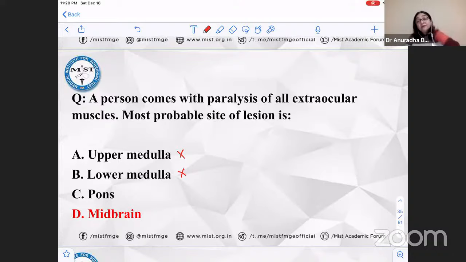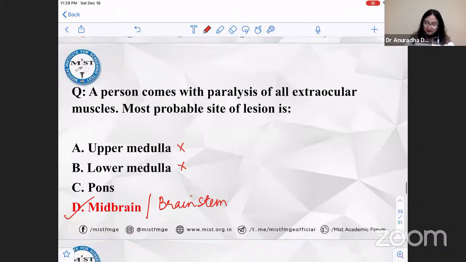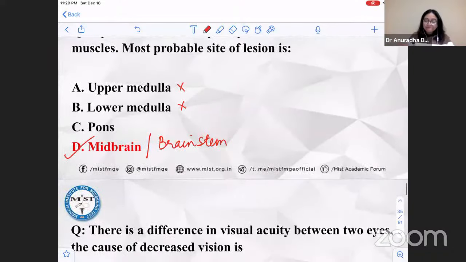Pons, because the sixth nerve is there, but here they are describing paralysis of all extraocular muscles. So midbrain becomes the most appropriate choice here. Although if the choice of brainstem was there, that would cover the question more completely. But out of the given recalled choices, if it was midbrain, you will mark midbrain. Right? Okay, let's go ahead to the next question.